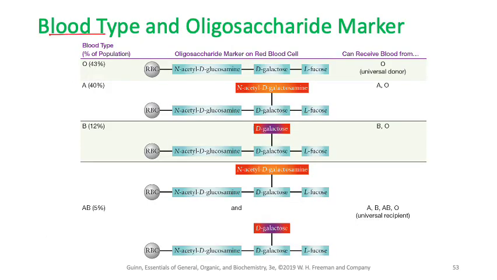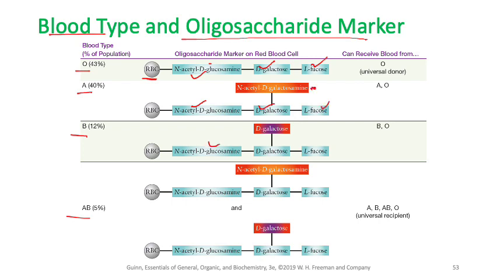So we have these blood types and oligosaccharide markers. Let's say these are the O, A, B and AB groups, and this is an RBC cell membrane. This is a trisaccharide: you have one saccharide, a second carbohydrate, a third carbohydrate. Then for A, we have the same, but the fourth one is different.